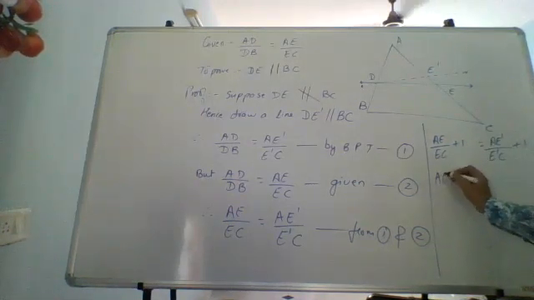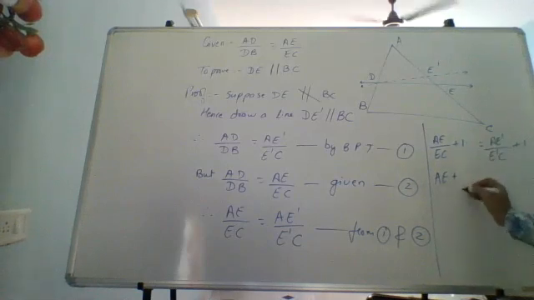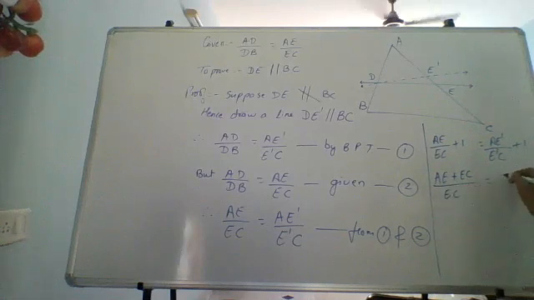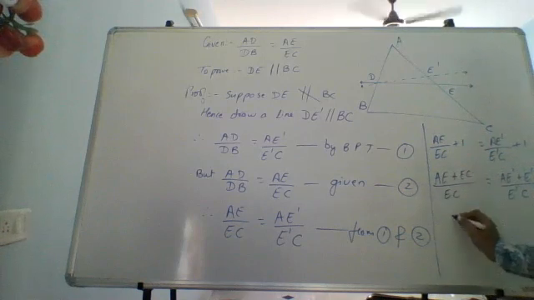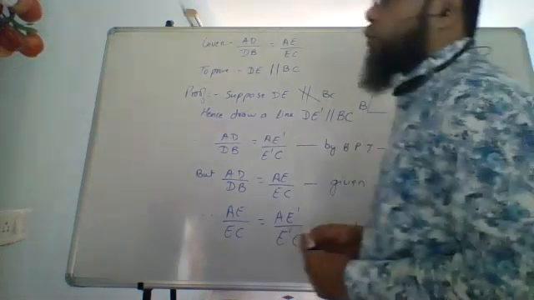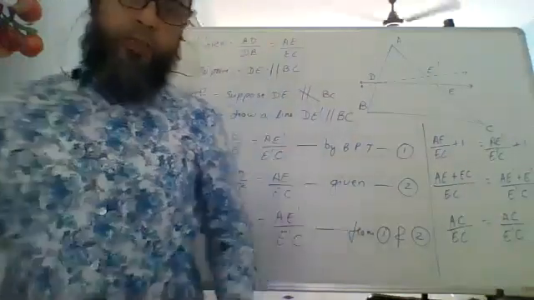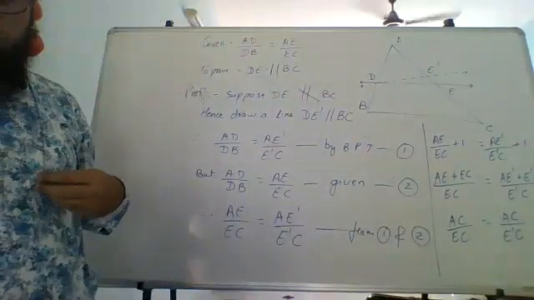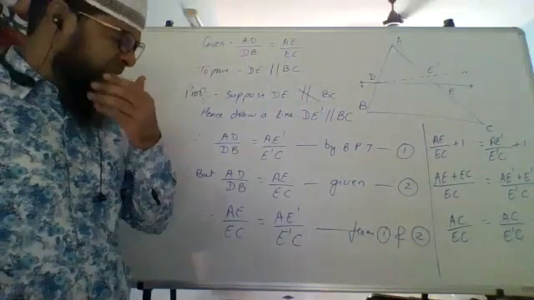So this will become AE plus EC upon EC equals AE dash plus E dash C upon E dash C. Now AE plus EC is AC upon EC, equals again AC upon E dash C.